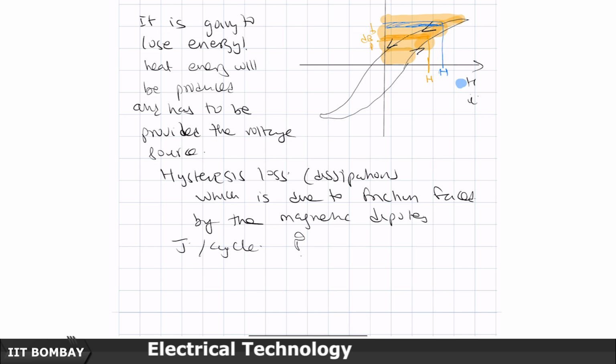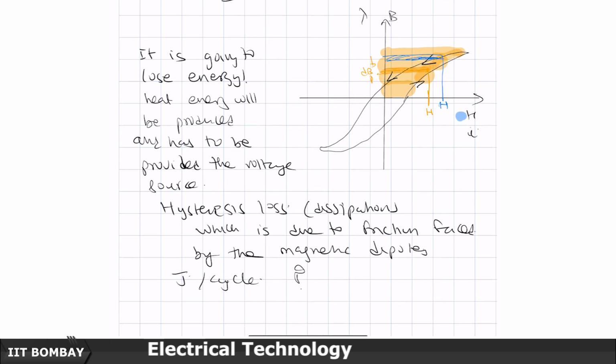So, what you can see is basically this outside area is the area which represents energy that is returned back.